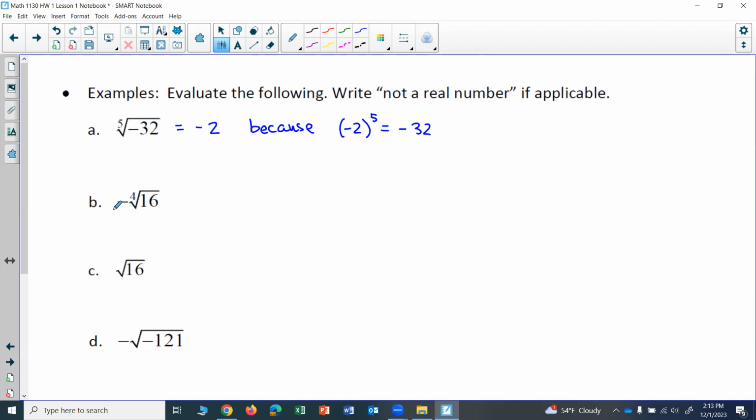All right, for the second example, we have negative fourth root of 16. So it's an even root. The number underneath the radical is positive, so we're good to go. So my result will have the negative out front, and I want to figure out what the fourth root of 16 is.